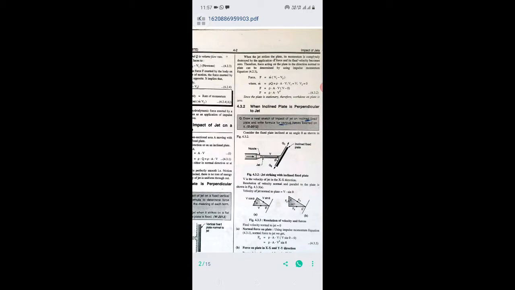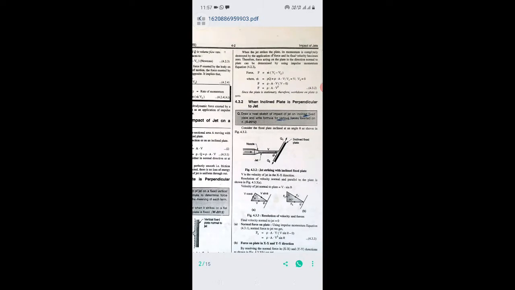So force is equal to mass into initial velocity minus final velocity, where m is equal to rho Q, that is rho a v. So force is rho a v minus 0, that is rho a v square. This is the required answer.